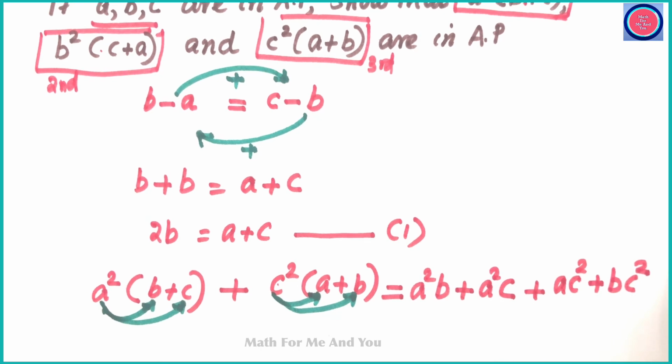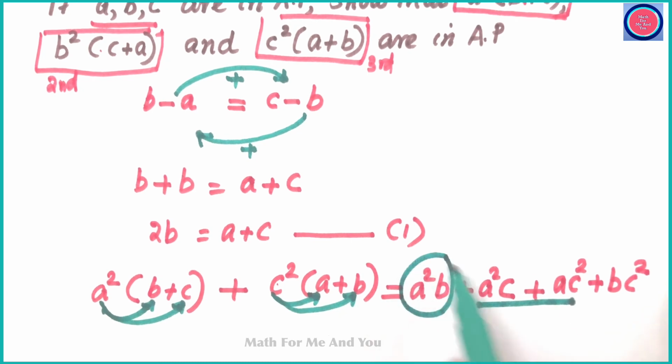Please keep in your mind what we need. We need b square times (c plus a) on the right side. So we are going to do that. Just rearrange the 4 terms. Second term and third term we can collect together. First and last term, from these 2 terms we can take b as common factor.